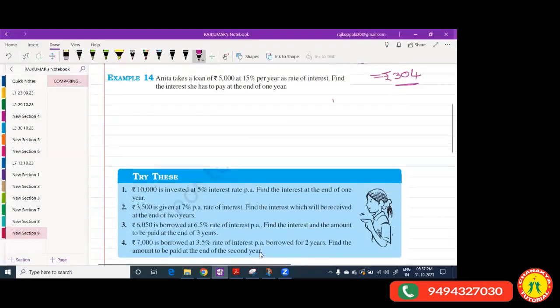See, in a class there are 40 students. Out of 40 students, 10 are boys. What is the percentage you have to find? What is the percentage of the boys? Total number of boys is 10 out of 40.